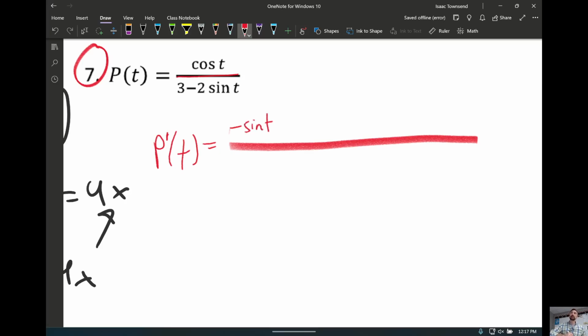Derivative of cosine is negative sine times the denominator left alone, minus, now you leave the numerator alone, times the derivative of the denominator. And what is the derivative of the denominator? Very good. The derivative of 3 is 0. The derivative of negative 2 sine t is negative 2 times the derivative of sine t, which is negative 2 cosine t. That's what you said, right?